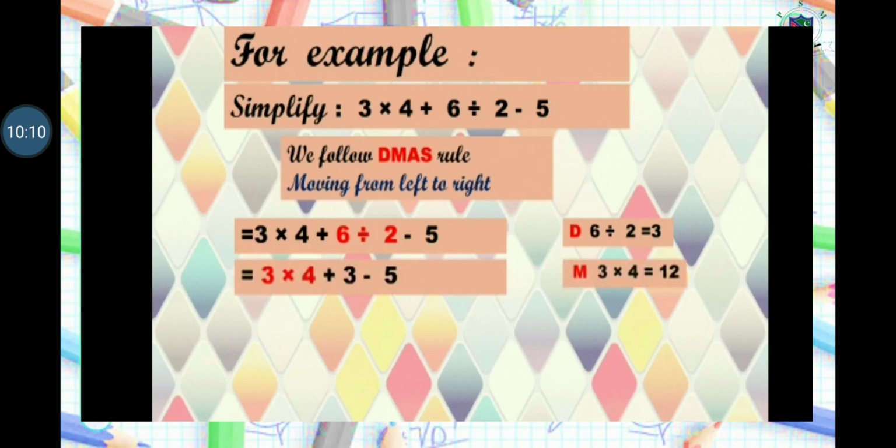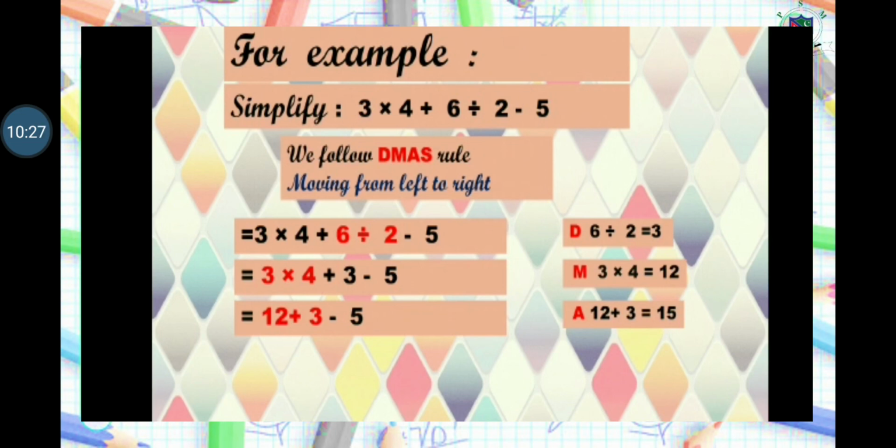Then we have to use multiplication. Yes, as 3 times 4 is 12. Now we have to use addition, and 12 plus 3 is equals to 15. And at the end we have to solve the subtraction expression, and 15 minus 5 is equals to 10.